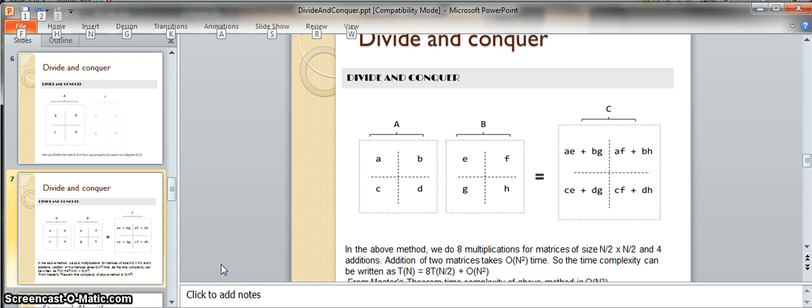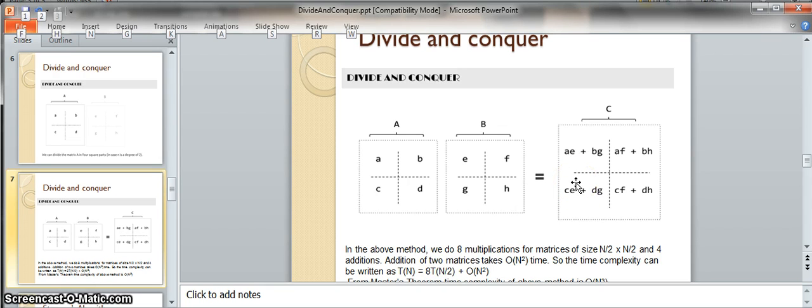After multiplication we find the resultant matrix C. As we see in this example, we perform 8 multiplications and 4 additions.